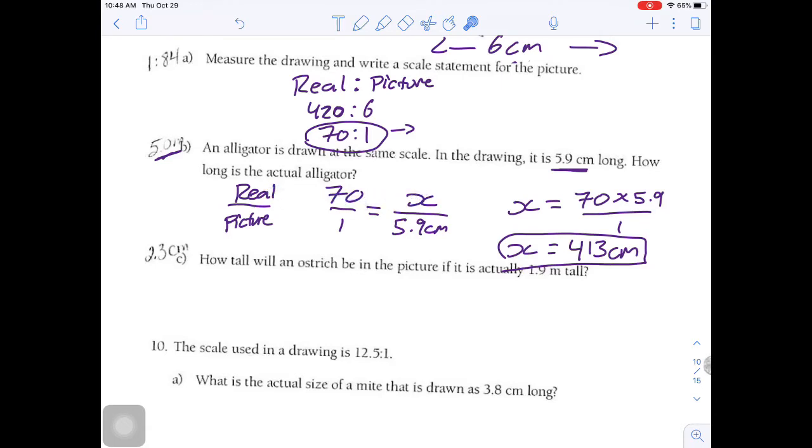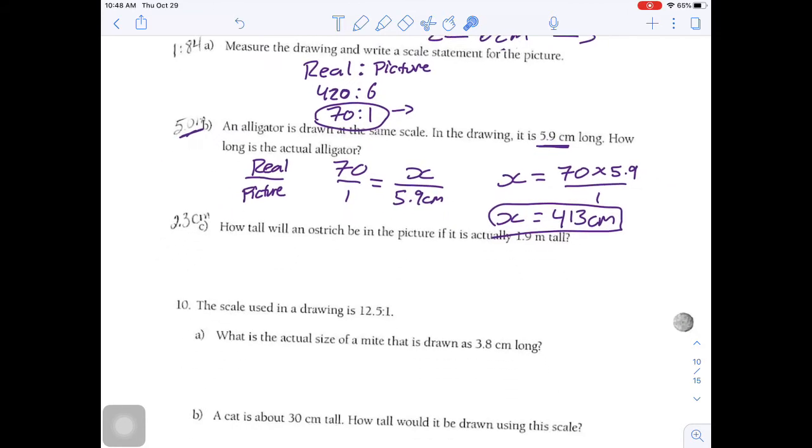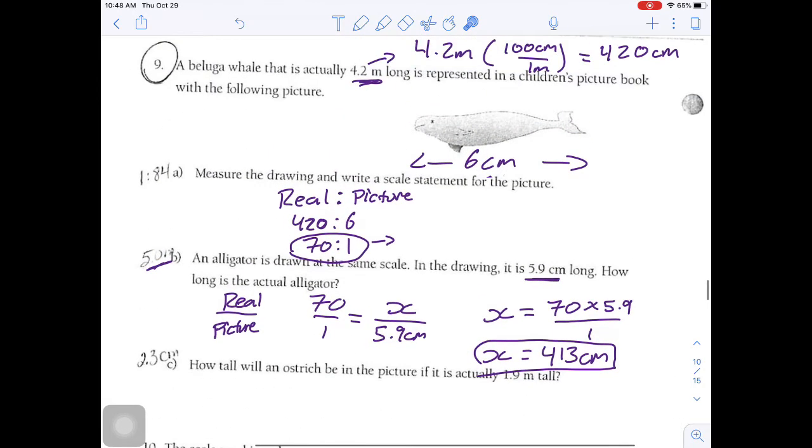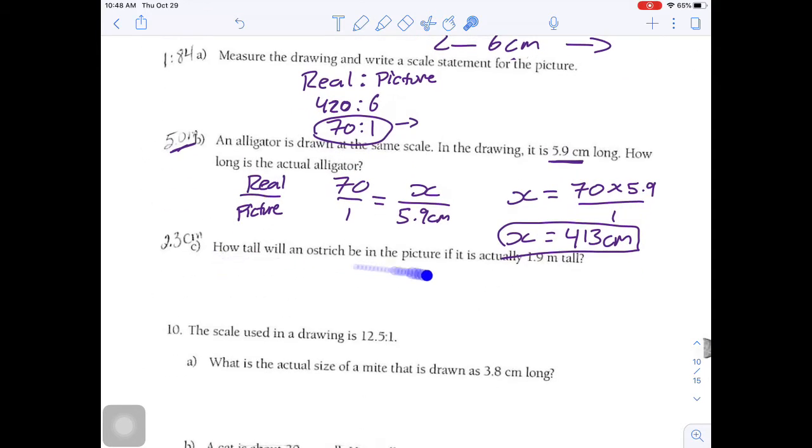Okay, we could have flipped this and put 1 over 70, but then we'd have to put 5.9 on the top. Now, remember, what was the point of getting 4.2 into centimeters? Because now this scale can be used regardless of the units you're doing. So here again, this time I'll put pictures on the top and real on the bottom.